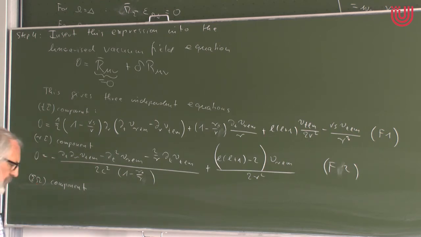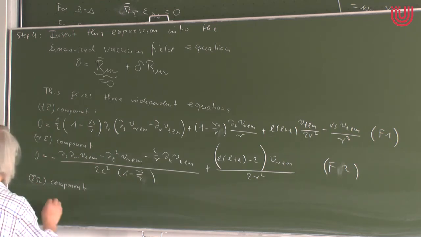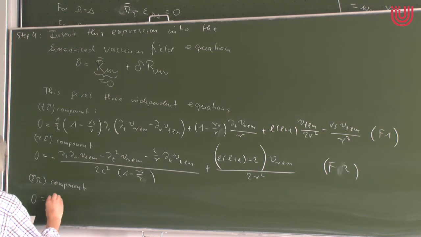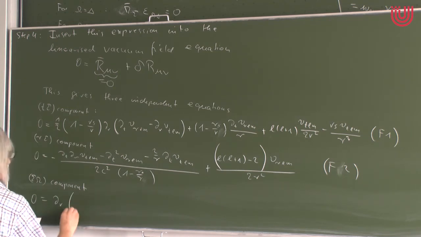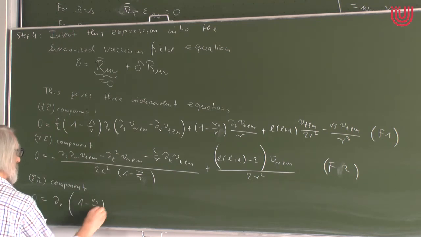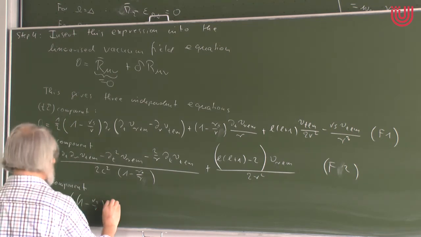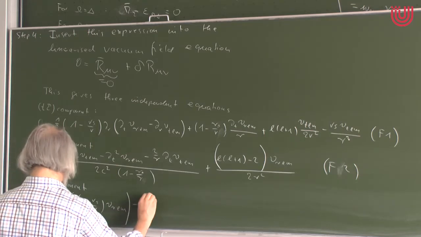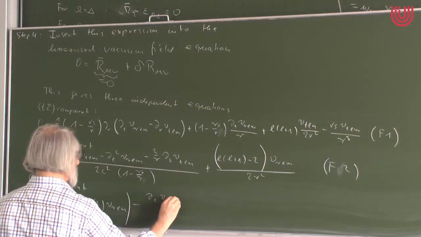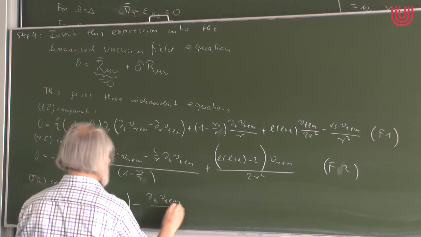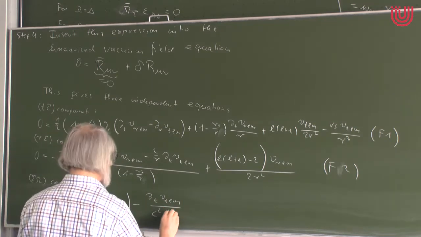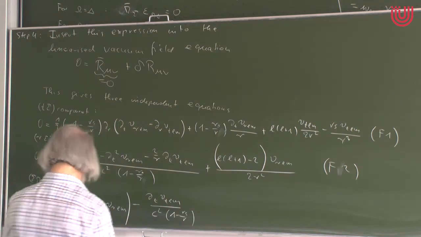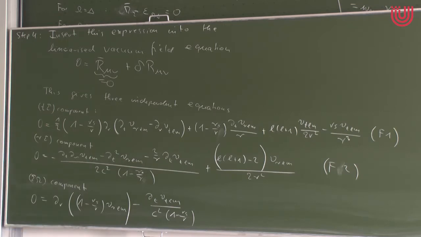And it is the following. It is 0 dr 1 minus Rs over R VRLM minus dt VTLM c squared 1 minus rs over r. This is F3.